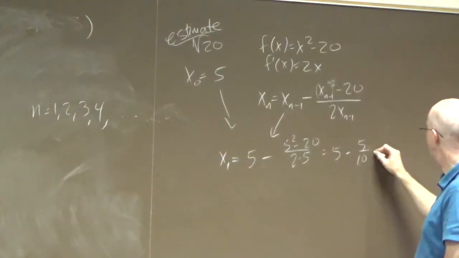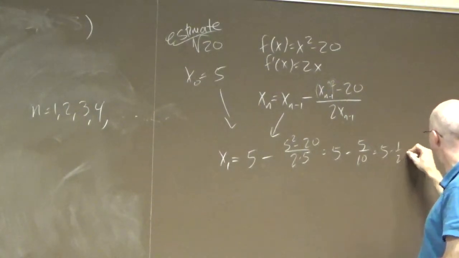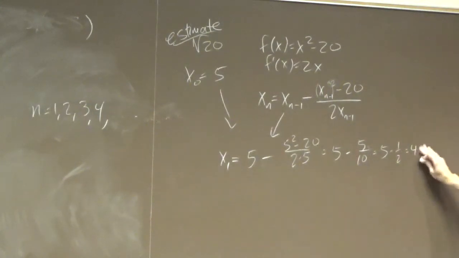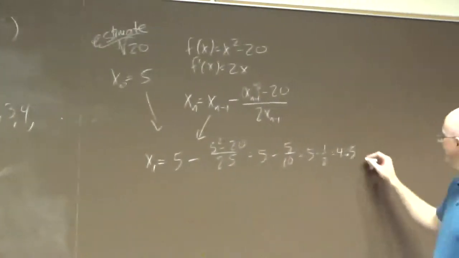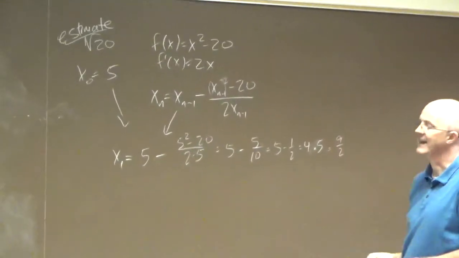And that's pretty simple. 5 minus a half is 4.5, which is the other better initial guess that I mentioned. Let me write this as a fraction, 9/2.